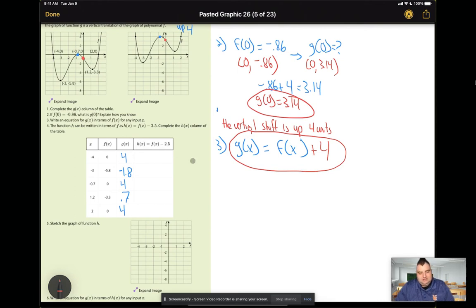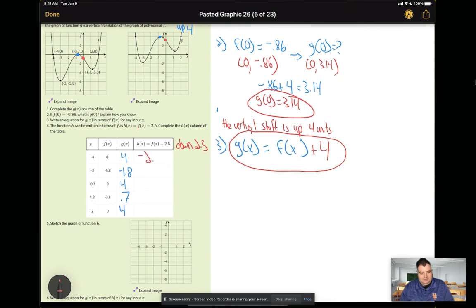So this is going to mean a vertical shift down 2.5 units, which means I need to take the y values of f of x and subtract 2.5. I'm going to do the same thing I did here, but instead of adding 4, I'm going to subtract 2.5. So this one is going to be 0 minus 2.5.